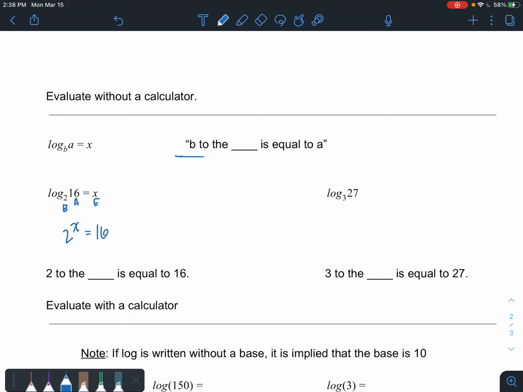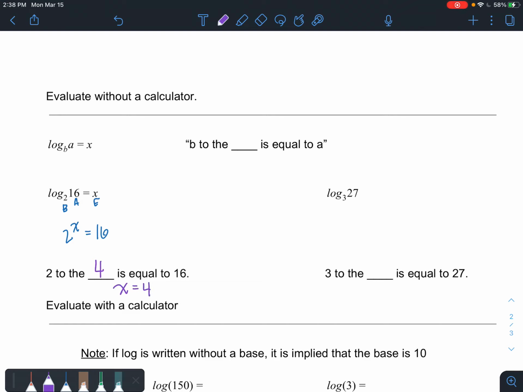And I ask myself, 2 to the what equals 16? You can easily answer that as 4. So 2 to the 4th is equal to 16. So x equals 4.